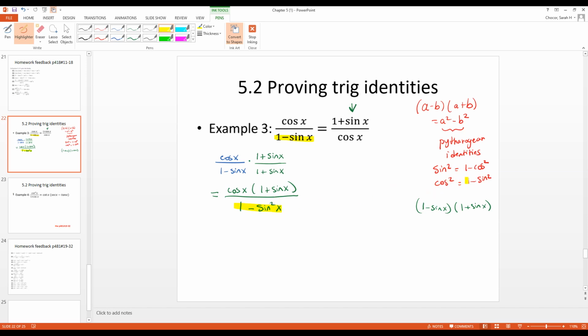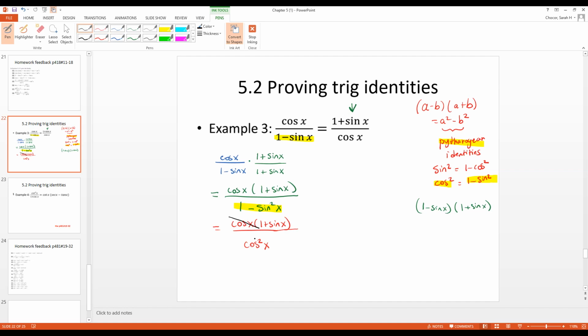If I check my trig identity sheet, specifically the Pythagorean identity, because I see the square, 1 minus cosine squared equals sine squared, and 1 minus sine squared equals cosine squared. So I can substitute the denominator with cosine squared, and I'm just going to recopy the numerator. That way, it's going to allow me to simplify top and bottom.